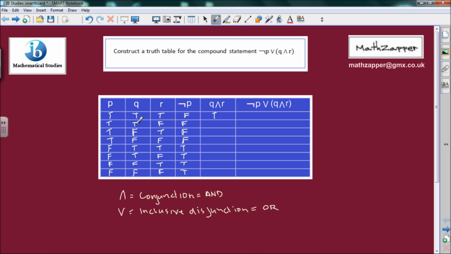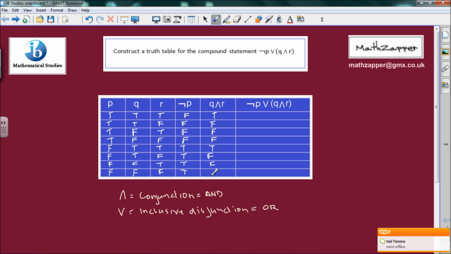Q true, R false, so the compound statement is false, because only one of them is true. False, true, so false again. False, false, definitely false. Then true, true makes that true, and the remaining rows are false as well.